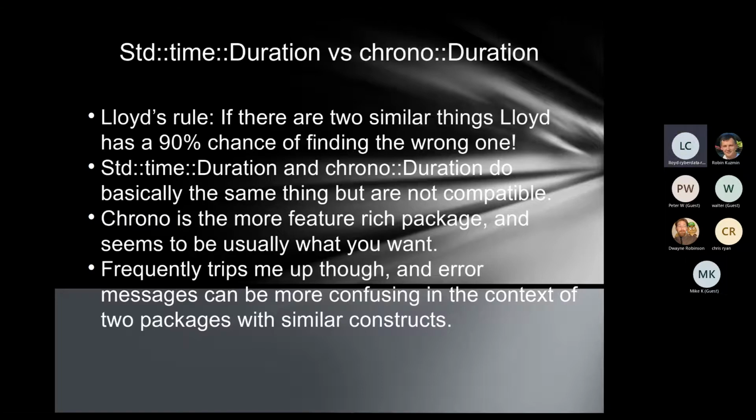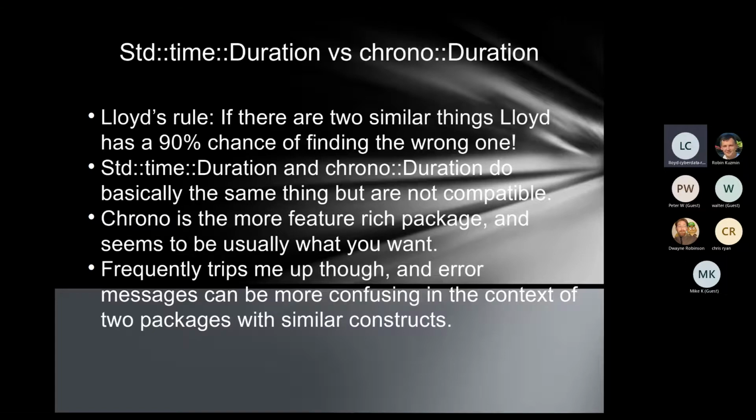Two of the crates that always drive me nuts, and this is one of the problems with not having this fully curated, are standard time duration and chrono duration. Just like C++, std is the standard library. Both of these have a duration object in them. They're kind of similar, but they're not compatible.